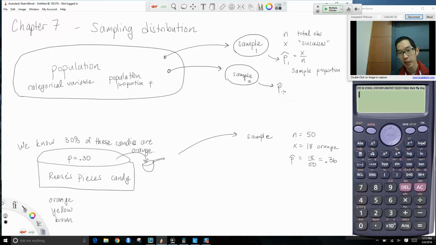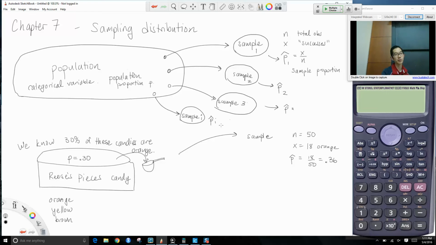We'll have p hat 2. We got sample 3, giving me p hat 3, so on and so forth. Okay, we're going to repeatedly draw different samples over and over and over again, okay?